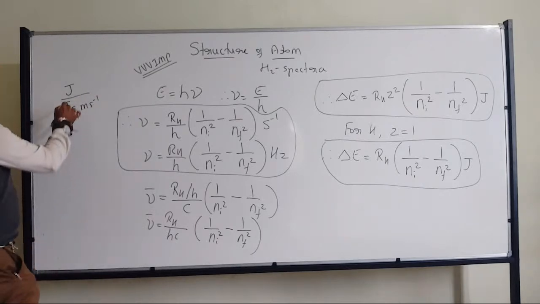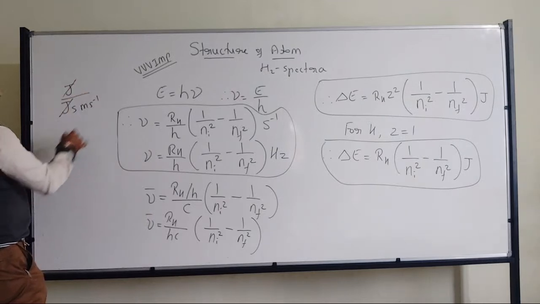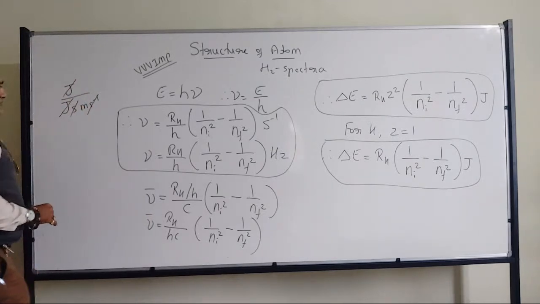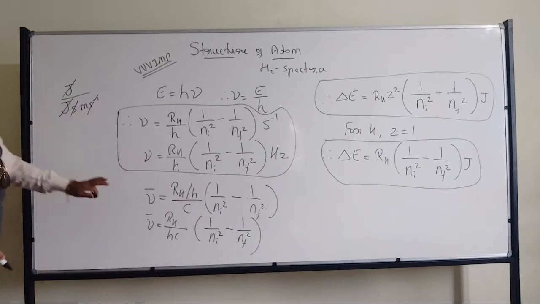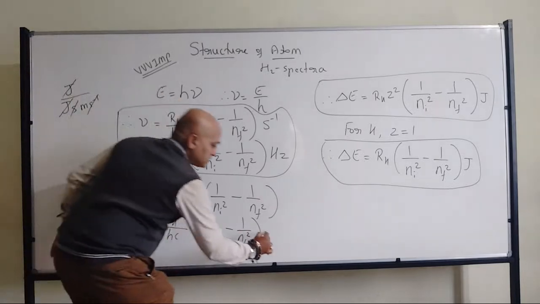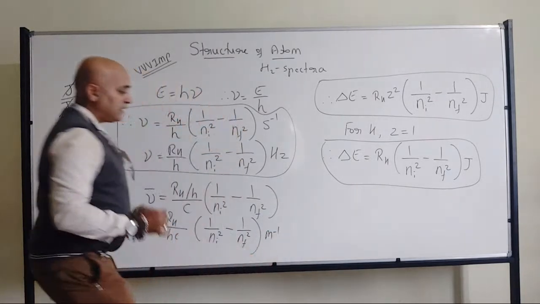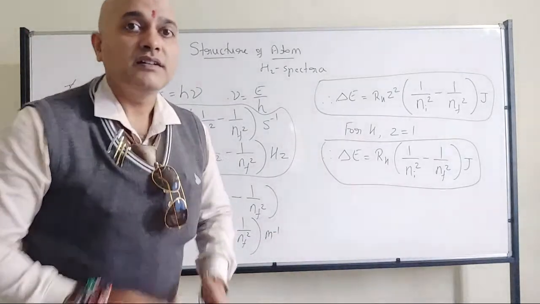So joule will get cancelled, and per second will get cancelled. What is left over is per meter. So the unit will be per meter.